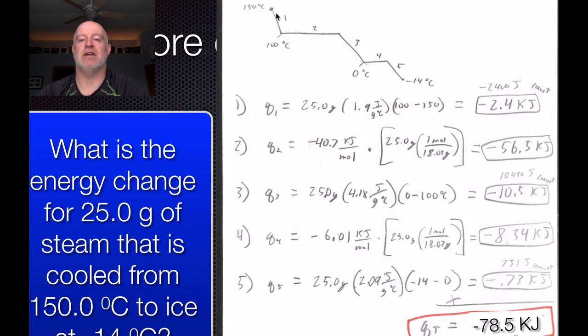Why can't I put parts 1, 3, and 5 together? It's a pretty common question. They're all temperature changes, so why do I need 3 separate calculations?